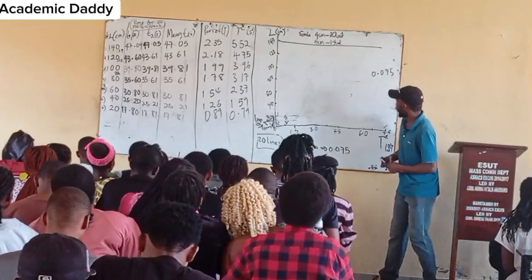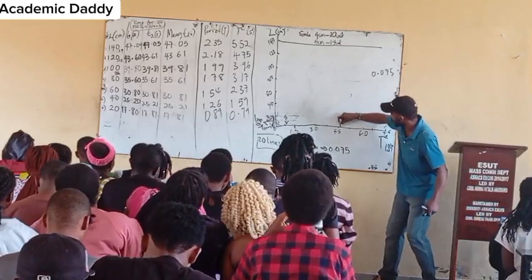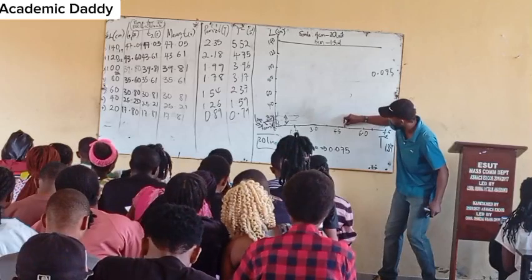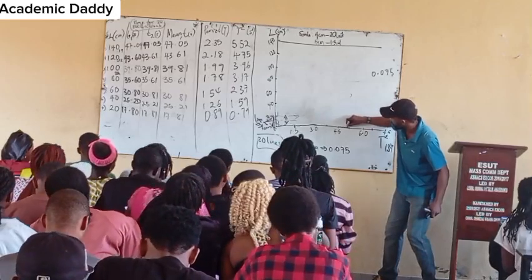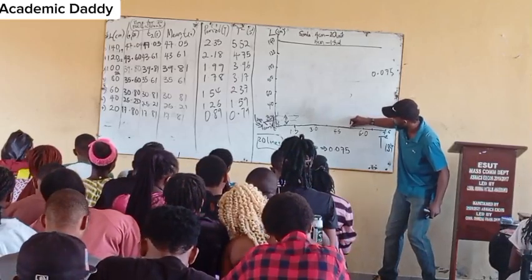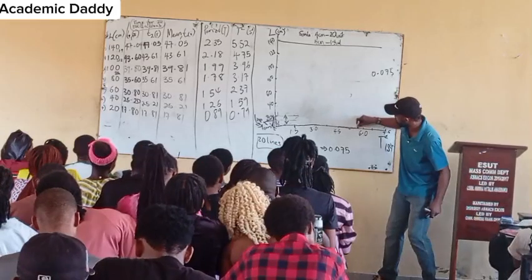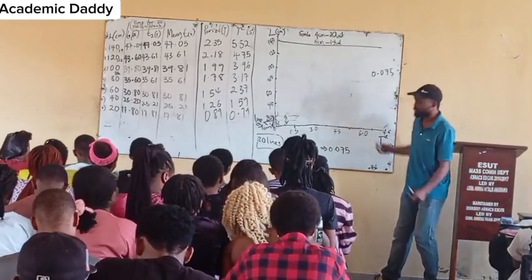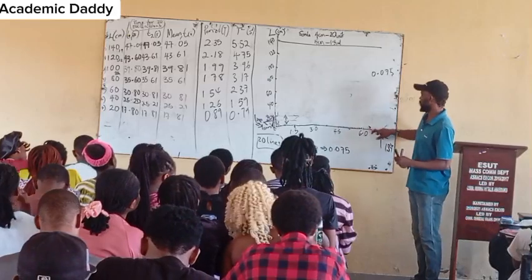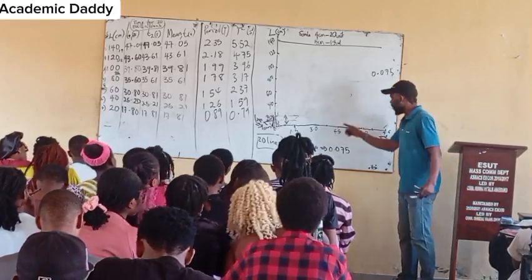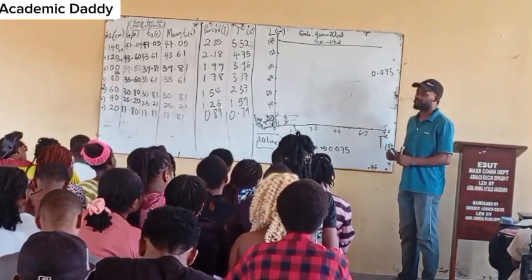Remember that we are going to have a total of 20 lines. Let's put 20 lines: 1, 2, 3, 4, 5, 6, 7, 8, 9, 10, 11, 12, 13, 14, 15, 16, 17, 18, 19, then 20.